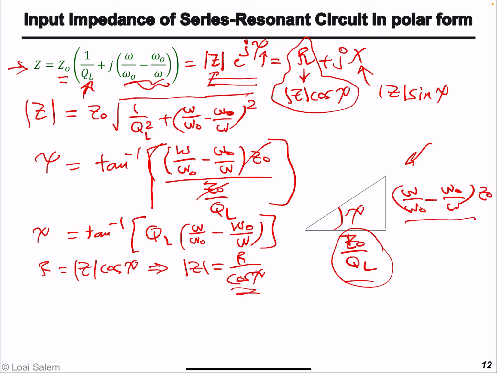Well, we know this dimension. Let's drop Z because it's common for both. So the x dimension is just 1 over QL, and the y dimension is given by this expression.